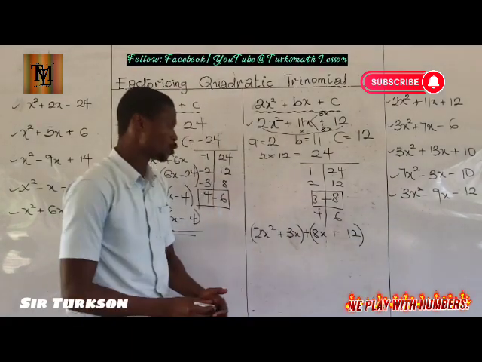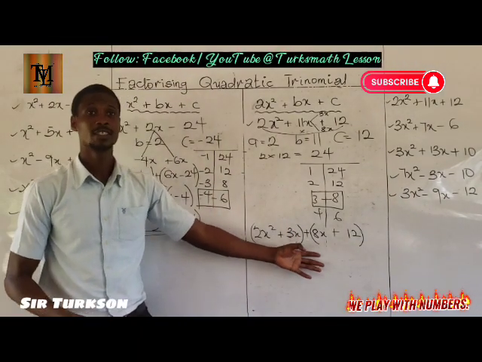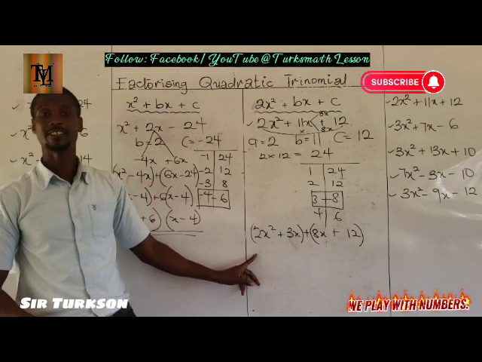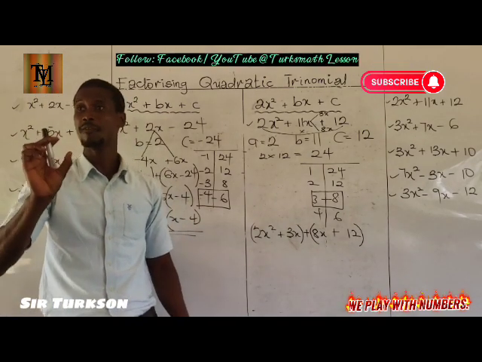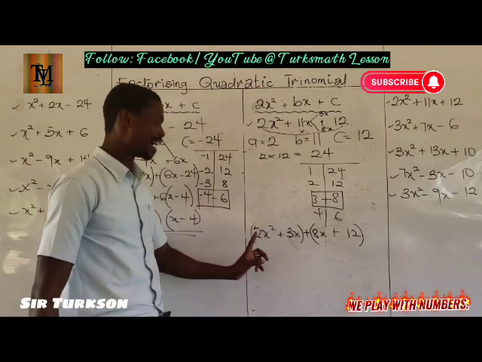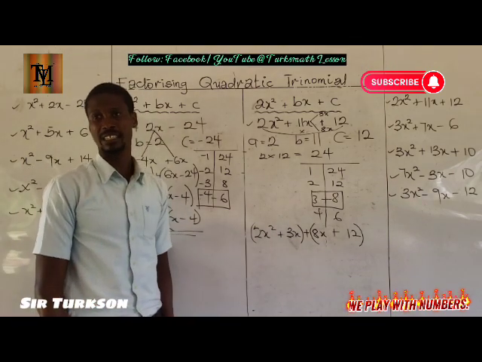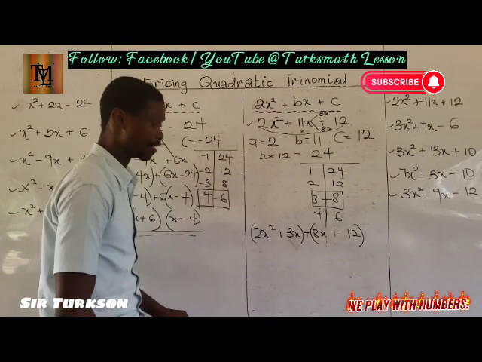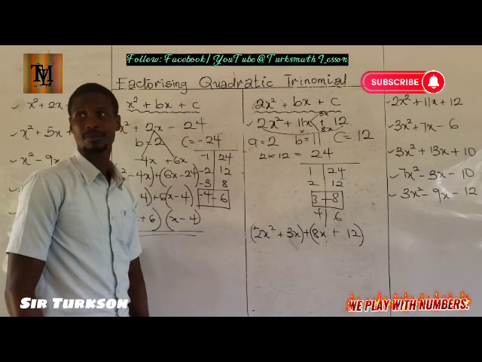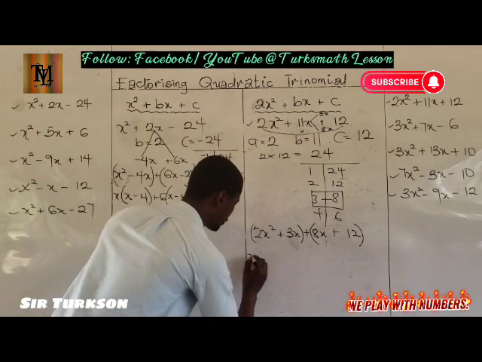Then after getting 2 groups, what are you supposed to do? You find a common factor, isn't it? Yes. So when you get a common factor, you divide each term by the common factor. So let's start with the first set here. What is the common factor from 2x squared plus 3x? X. Very good.